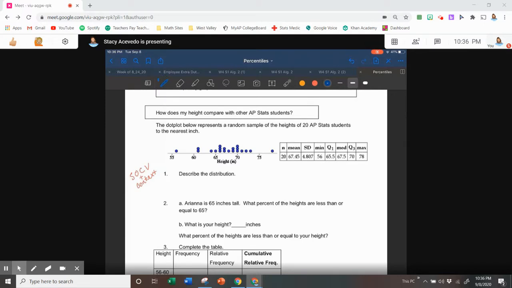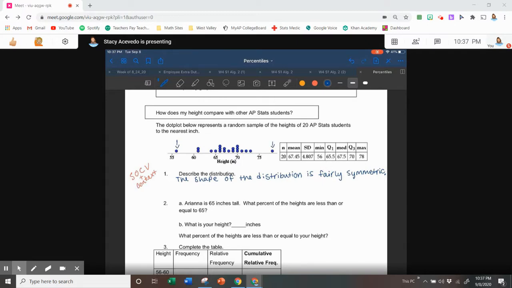So the shape of the distribution is, let's say that looks fairly symmetric, fairly roughly. You could even say bimodal since there's two towers. Are there any outliers? So it looks like there is an outlier here and here.